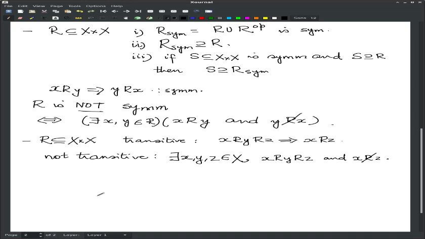For transitive relations, I often write it like this: if x is related to y, I write it like this. And if it is this, then this arrow is missing.